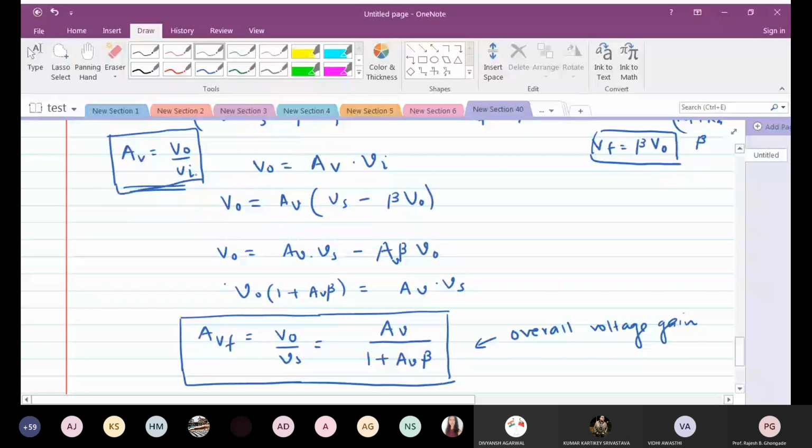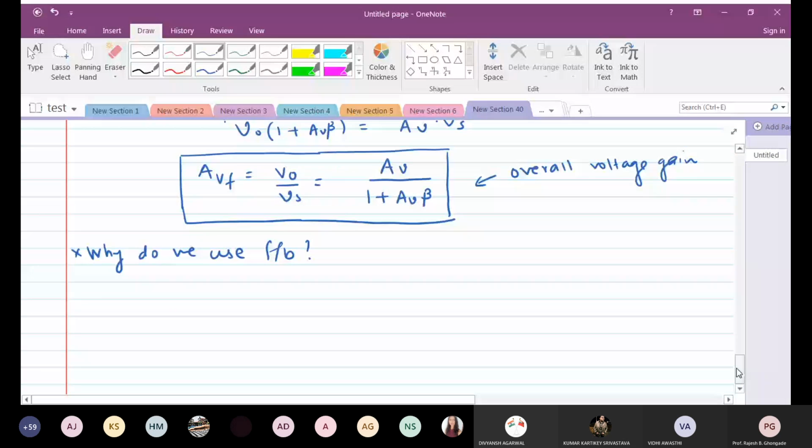Now let that be equal to 100,000. And we do have ways of making voltage gain very, very high that you learn in operational amplifiers.